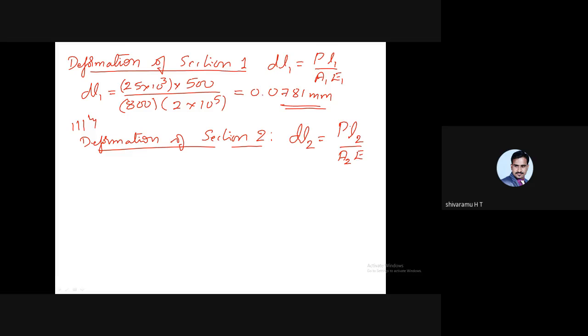So P is the same, length is different, area is different, and Young's modulus E2 is also different. So dl2 will be, load is the same, 25 into 10 power 3, since 25 kilonewton expressed in Newton, and into L2.